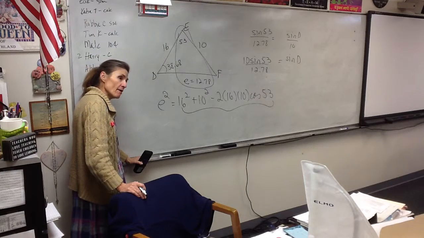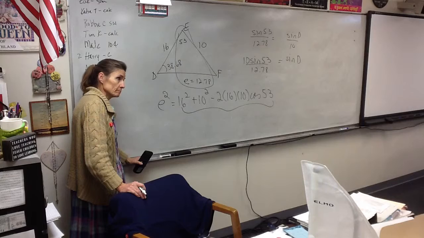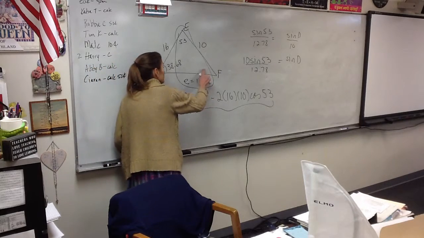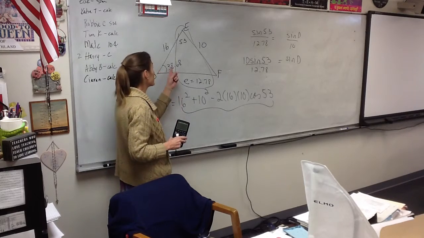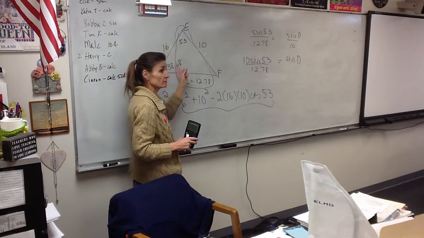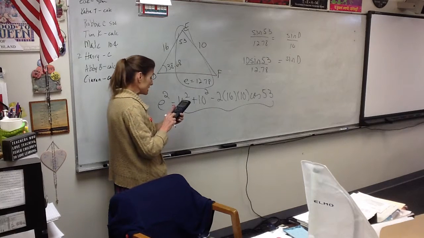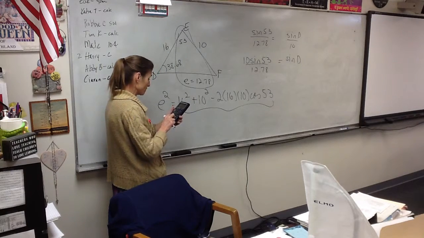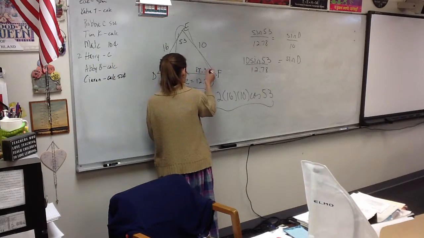Now we need angle F. How do we find angle F? We could do the law of sines, but we could also just do what? Subtract from 180, right. Remember, anytime you have two angles, you can subtract from 180 to get the third one.